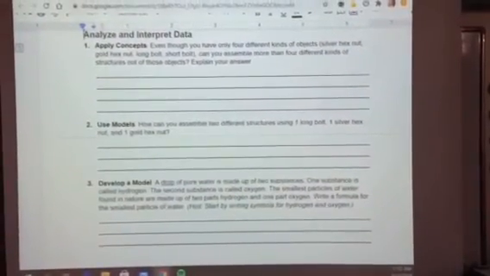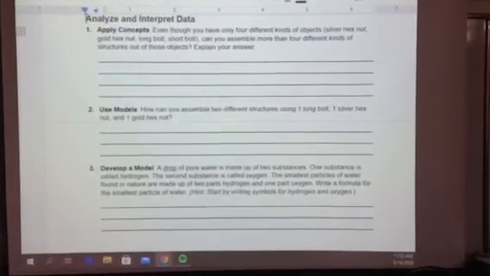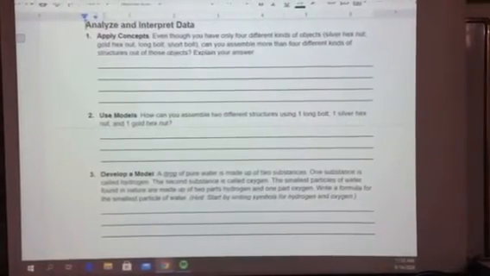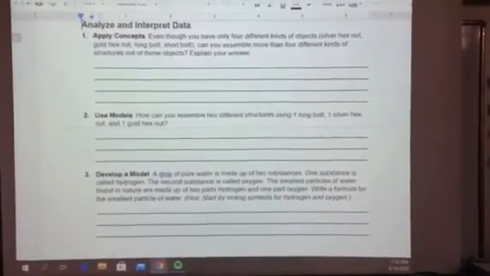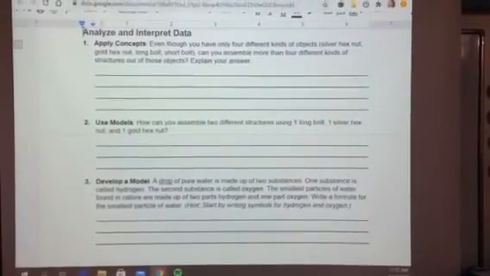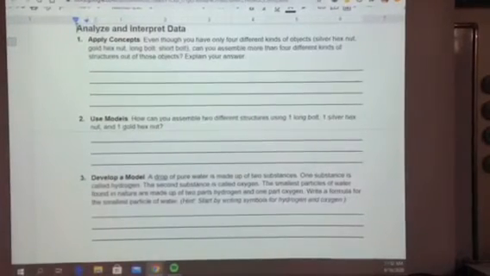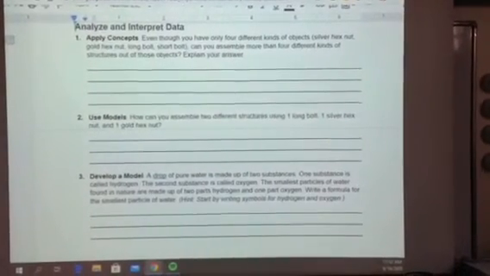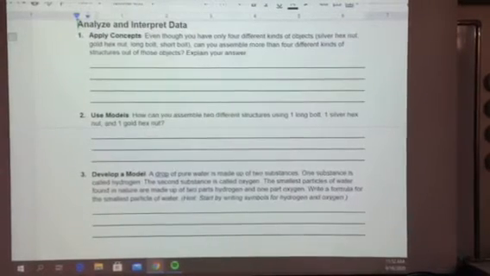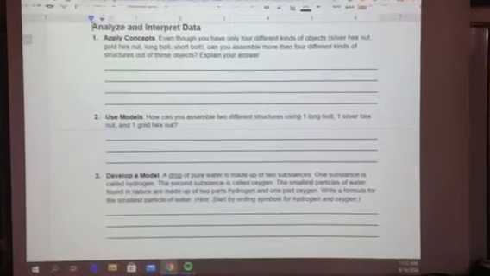All right, everybody, now that we are done with our procedure, we now have to finish up with analyzing and interpreting our data. So you're going to have 3 questions that you're going to answer. Number 1 says, even though you only have 4 different kinds of objects, the silver hex nut, the gold hex nut, the long bolt, and the short bolt, can you assemble more than 4 different kinds of structures out of those objects?